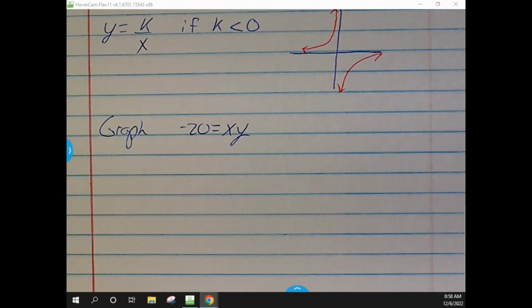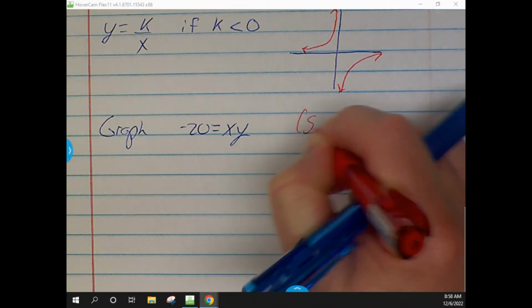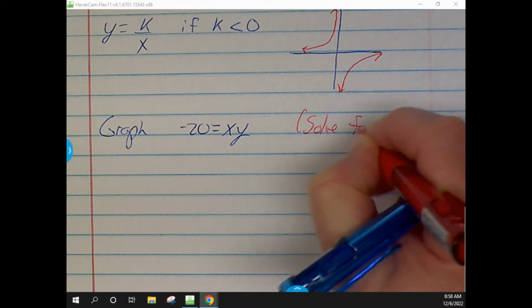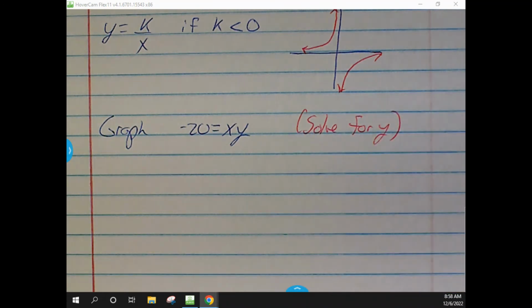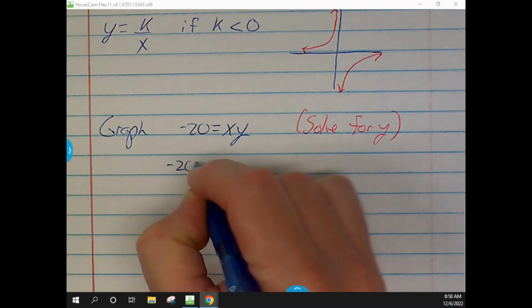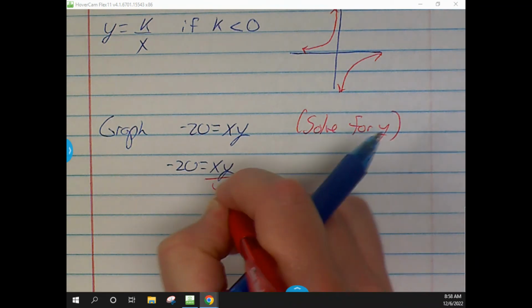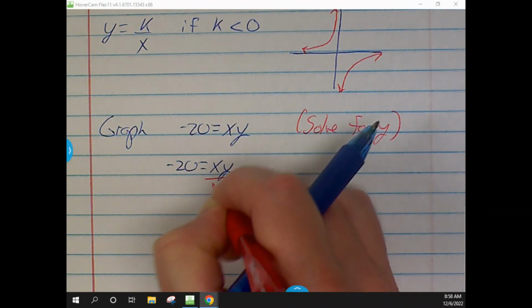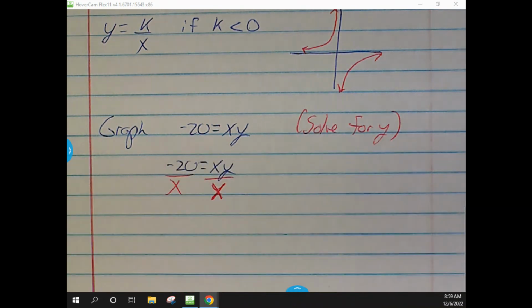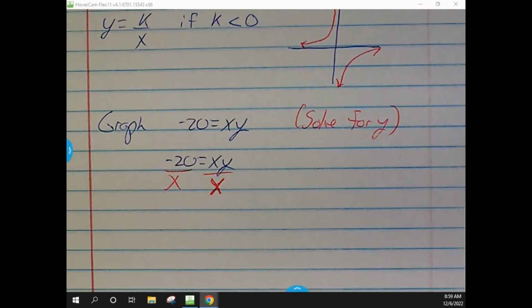Okay, they ask you to graph this thing. Basically, that means you need to solve for y. And usually there's not a whole lot to do. To solve for y, in that case, you've got to get rid of the x, so we're going to divide both sides by x.